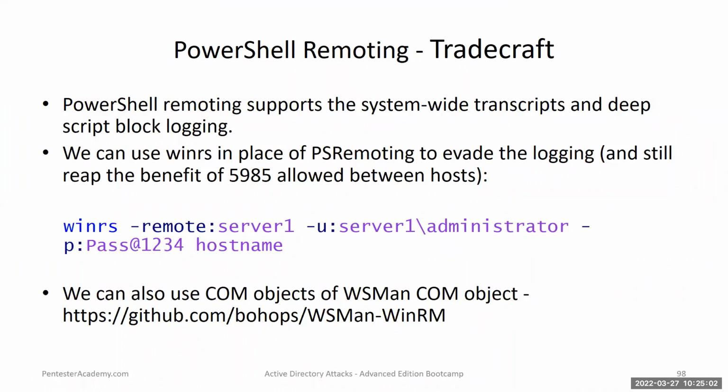You can use WinRS or winrm.vbs or even the WSMan COM object for additional OPSEC. The access remains the same. The underlying protocol, WinRM, remains the same, but the enhanced logging goes away. So we still can have the benefits of port 5985 and 5986 allowed between hosts, and we evade the PS remoting logging.